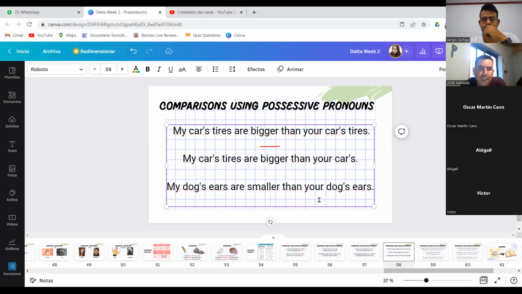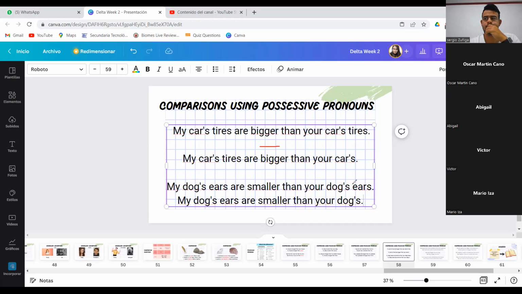Sería my dog's ears are smaller than your dog's. That's it. Perfect. So whenever you come across this case, when the owner is an object, all you have to do is eliminate the object.